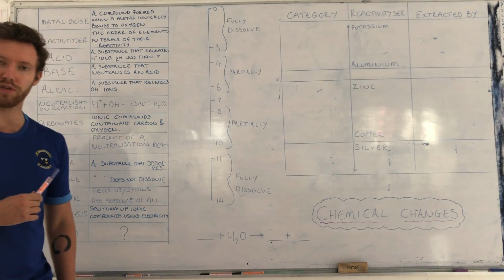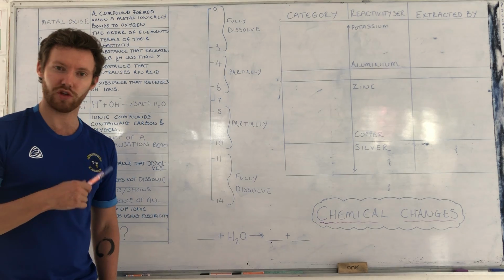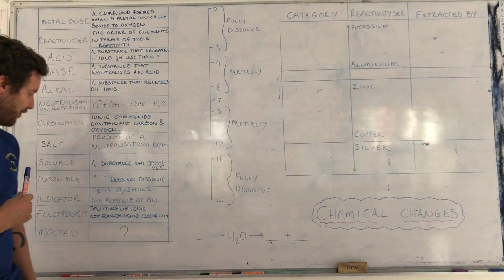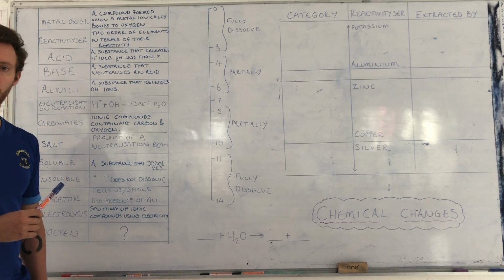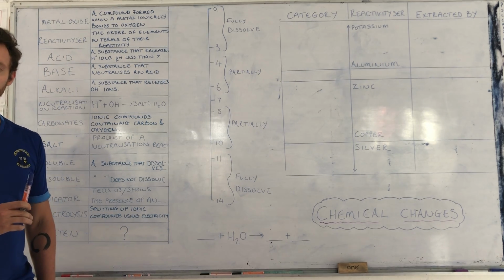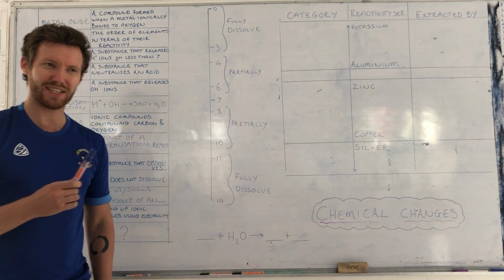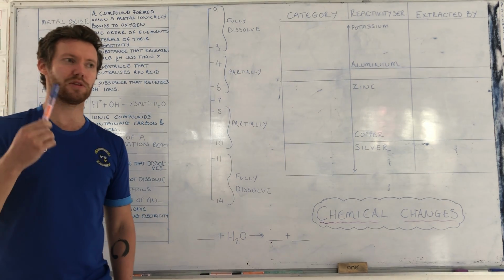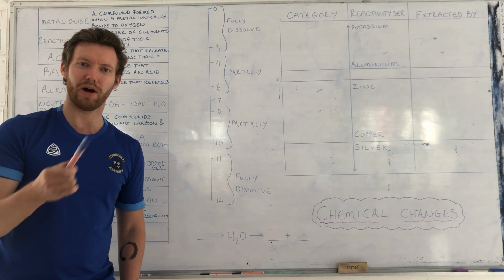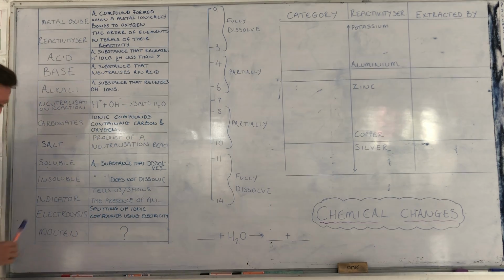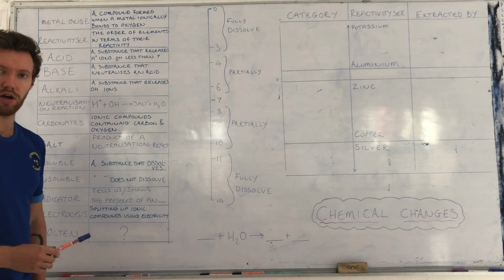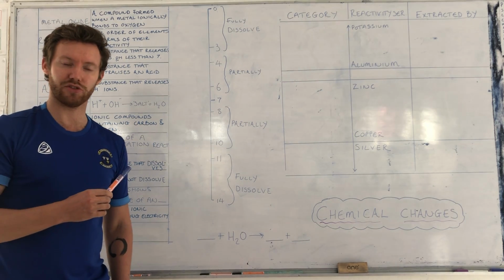Year 10s, if you want to go back and do a recap on electrolysis, please do this. But our definition for electrolysis is splitting up ionic compounds using electricity. So if you think, I kind of remember the topic when we did it in class, but I can't remember the details of it, just go back, have a look. But the definition we want to state is a splitting up of ionic compounds using electricity.